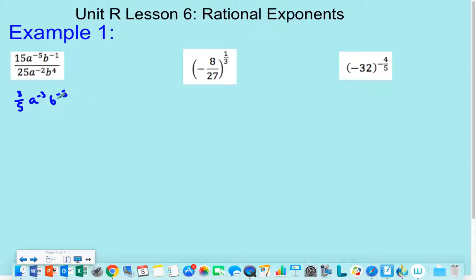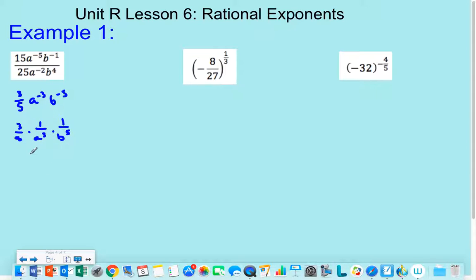Now we can't have negatives in my exponent. I know you could probably skip right to the shortcut if you knew what you're doing, but kind of the long drawn out explanation of how this works is a to the negative 3rd is going to be the same thing as 1 over a to the positive 3rd. Similarly, this would be 1 over b to the positive 5th.